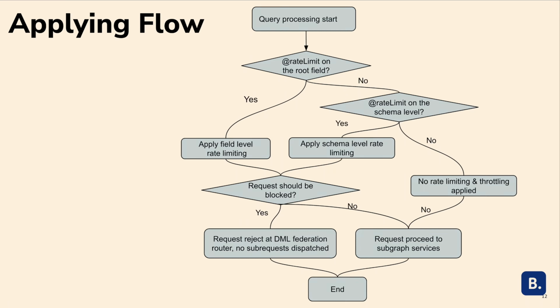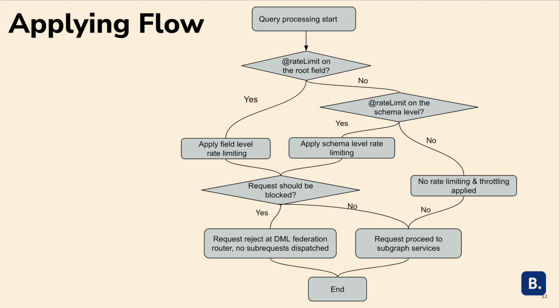The applying flow is like this. For each incoming query, it checks whether the root field has a root field level directive applied. If there is a rate limit directive applied, it evaluates the rate limiting and throttling with the rate limiting info, to decide whether this request should be dispatched to the subgraph or not.